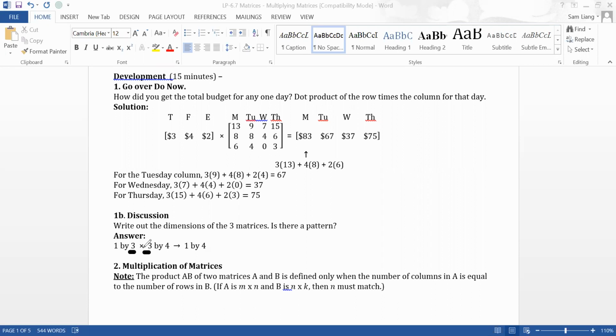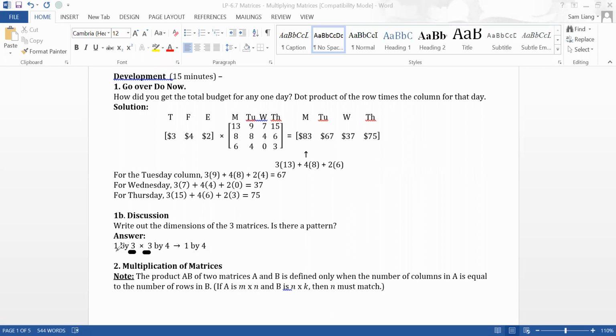And the reason for that is based in the algorithm or the procedure that we'll see later. But just keep that in mind. The number of columns in the first matrix and the number of rows in the second matrix have to be the same. So this first matrix had 3 columns, this second matrix had 3 rows, so we're allowed to multiply.